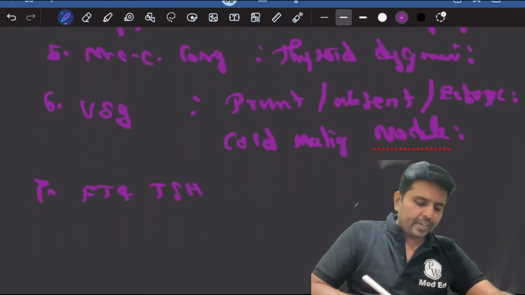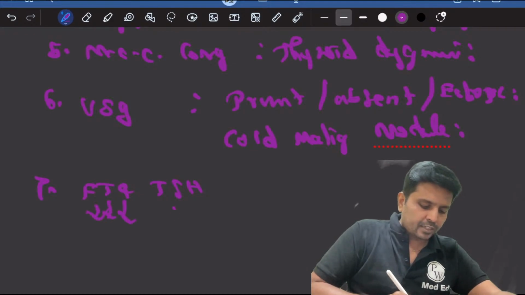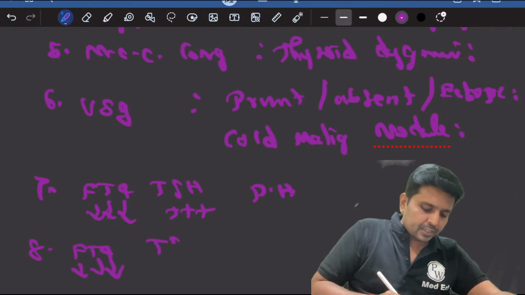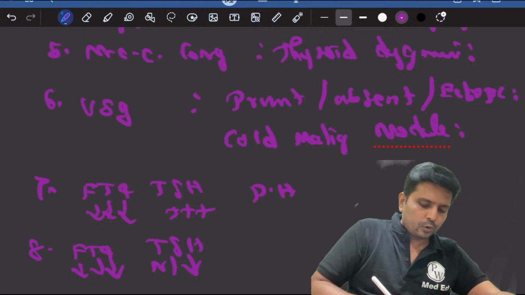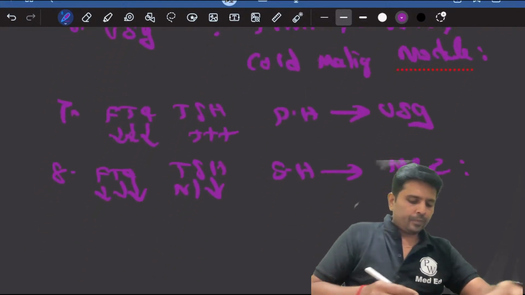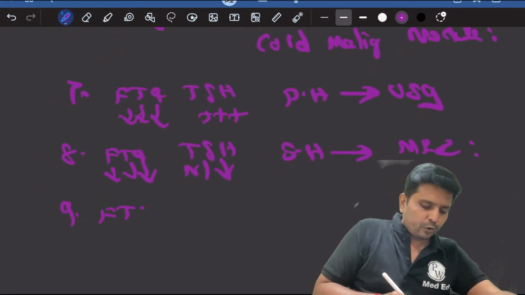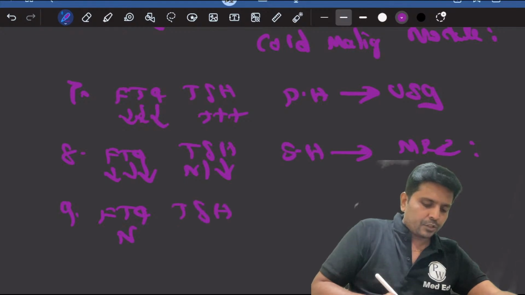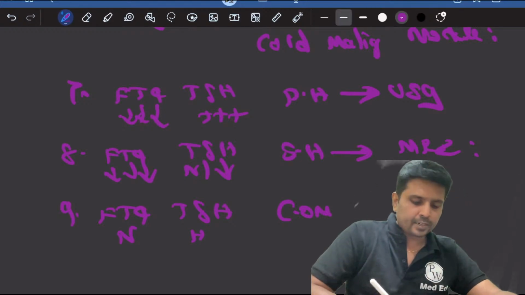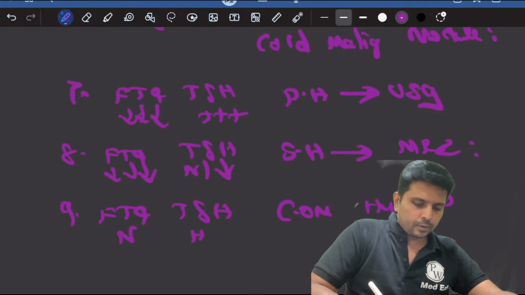Seventh, four conditions of free T4 and TSH. When free T4 is low, TSH is high, primary hypothyroidism. Free T4 is low, TSH either normal or low, secondary hypothyroidism. In the first one, USG neck. In the second one, MRI brain. Nine. Free T4 normal, TSH high, compensated hypothyroidism.